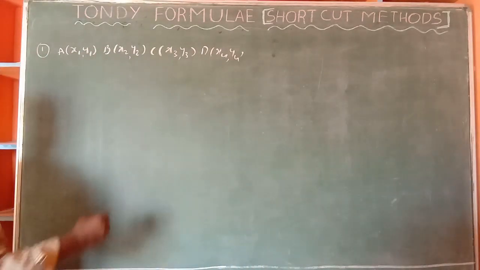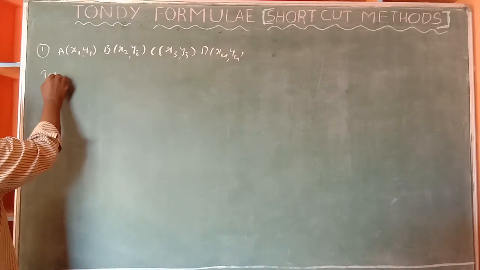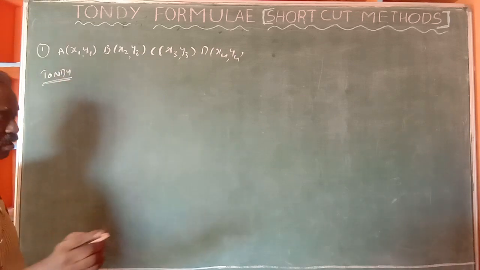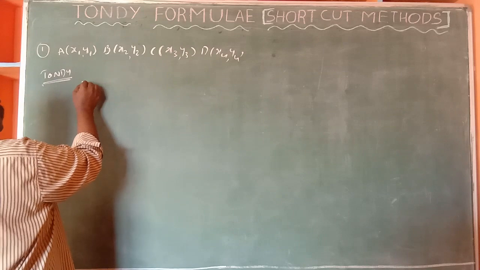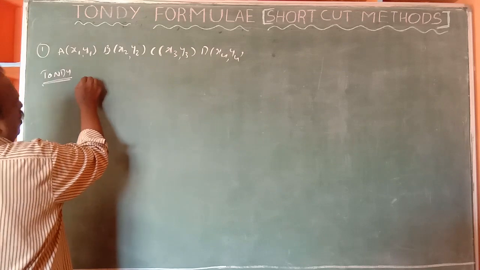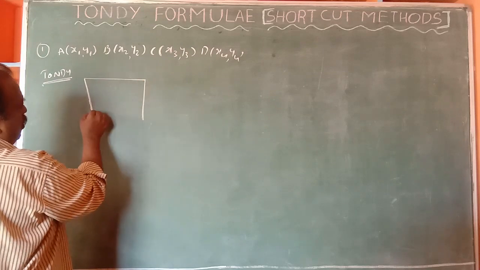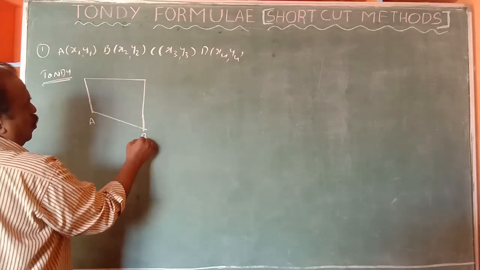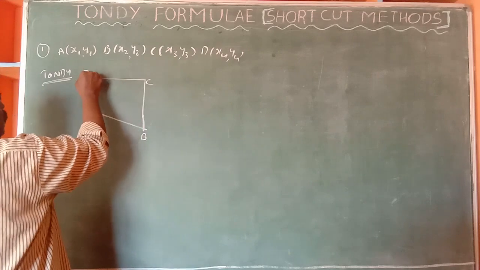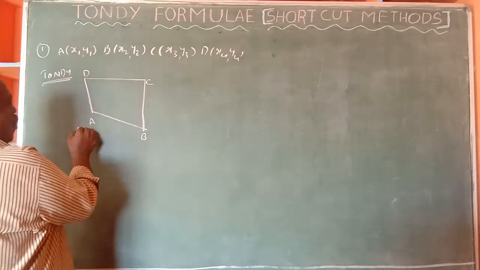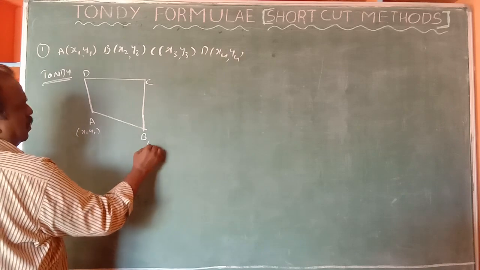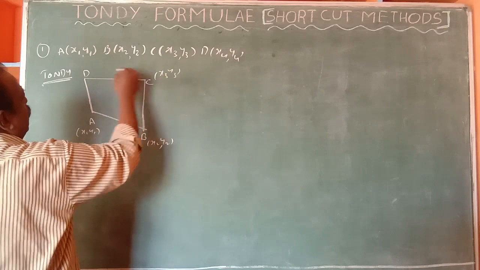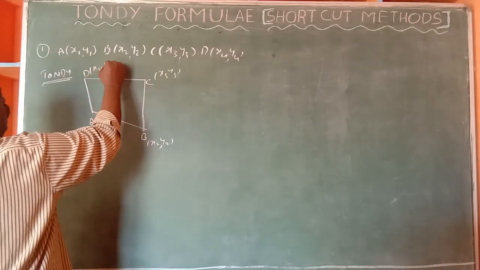For that purpose, you see the Tondy formula. Observe. Suppose it is a quadrilateral like this, where no side is equal to another side. We are given x1, y1, x2, y2, x3, y3, x4, y4.